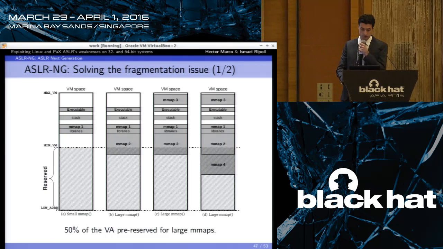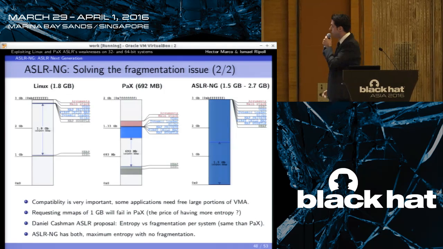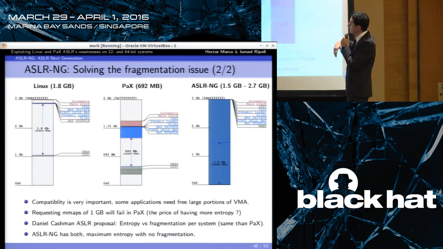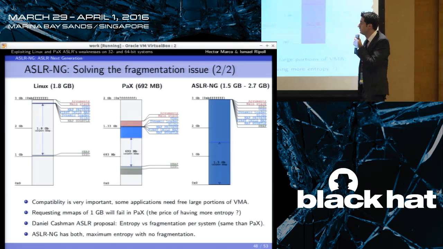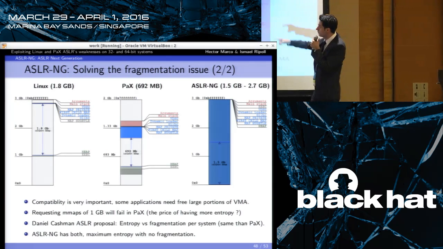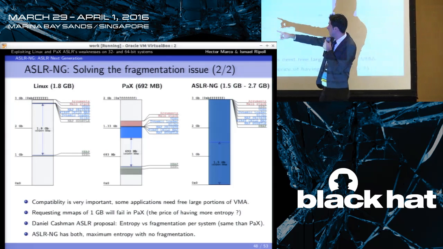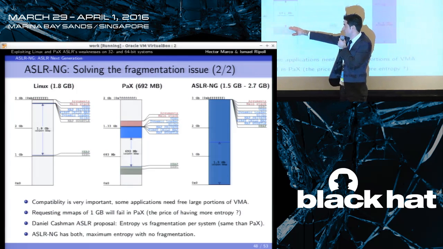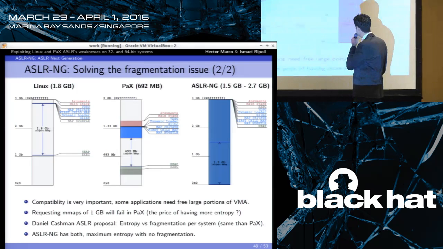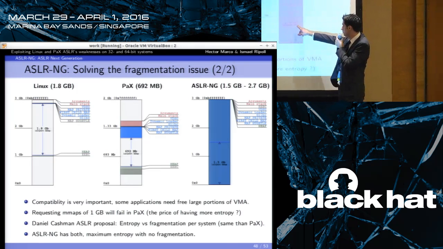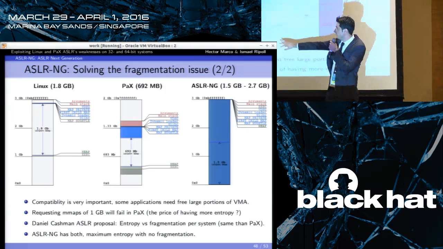So comparing the fragmentation, as we can see, Linux provides almost 2 gigabytes of free consecutive space. PaX is more or less half of Linux. And ASLR-NG, our proposal, is half of the virtual memory layout. So I think compatibility is important.